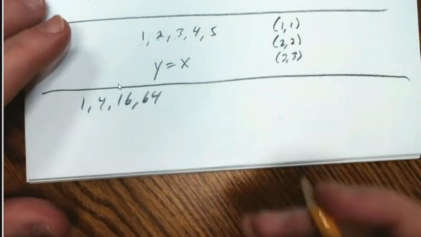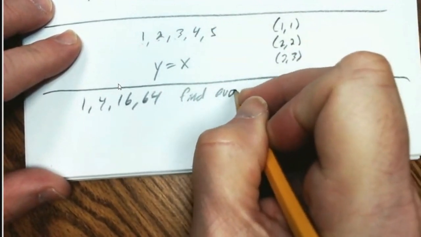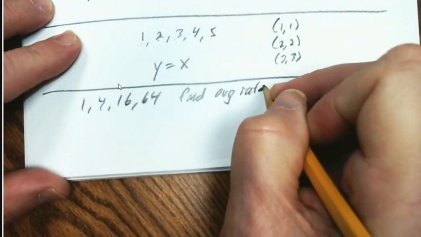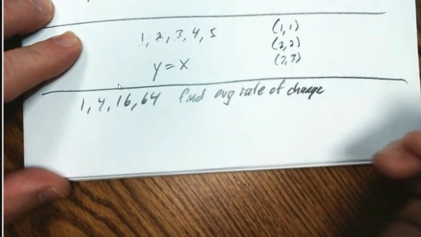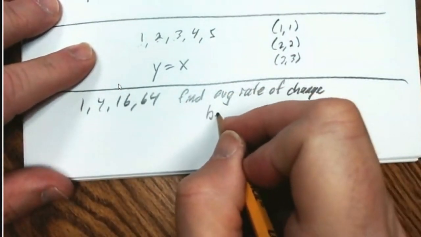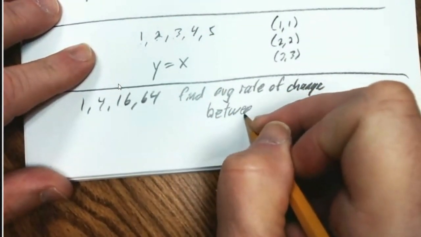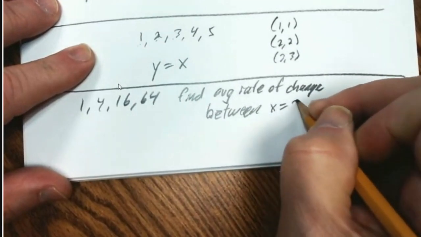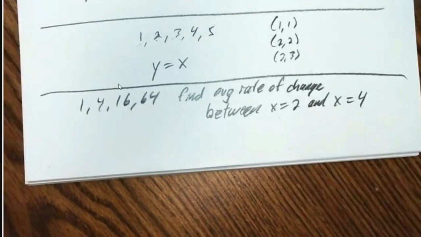And it may say, find the average rate of change between x equals 2 and x equals 4.